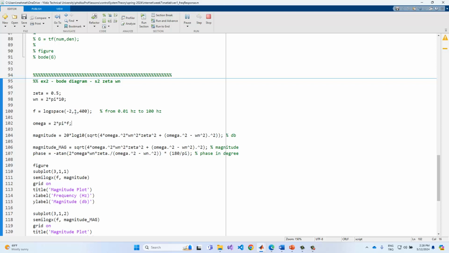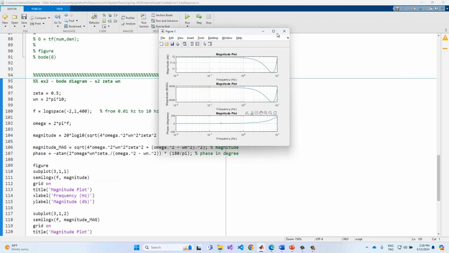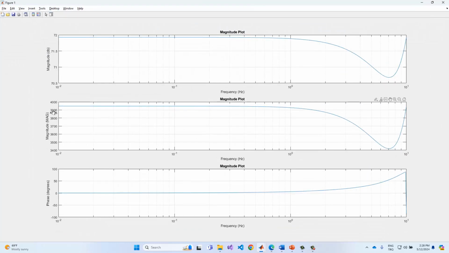We should analyze up to 10 hertz in this case. And so up to 10 hertz we have magnification of the signal up to 4000 at the 1 hertz frequency.